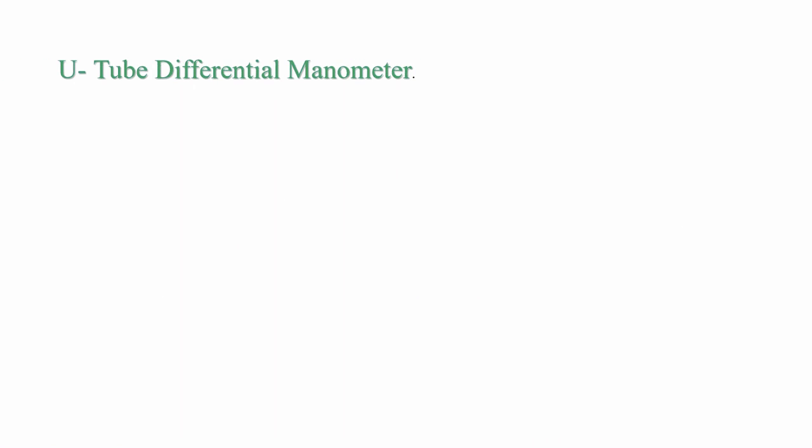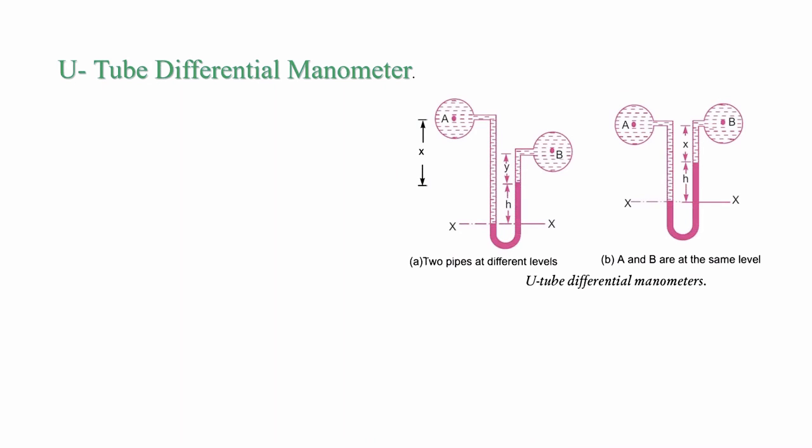Next is the U-tube differential manometer. See the image, this is the U-tube differential manometer. Whenever two pipes are at different levels, just connect here. So at A it is connected, at B it is connected.